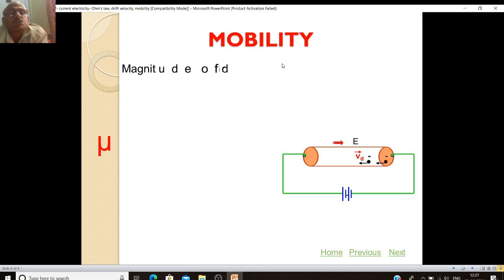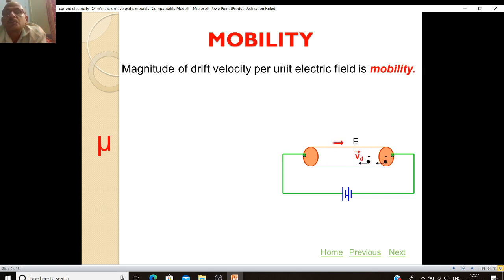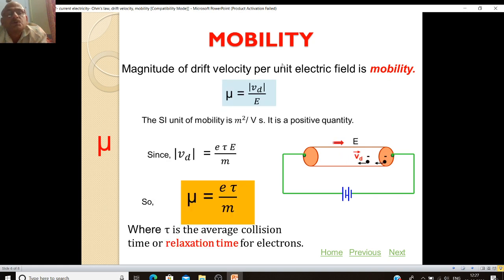So the magnitude of drift velocity per unit electric field is called mobility. It is denoted by mu. So mu equal to Vd by E. The SI unit of mobility, from here we can write, is m squared per volt second.